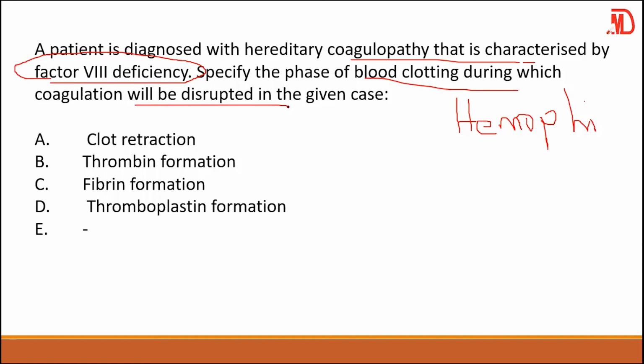Now specify the phase of blood clotting during which coagulation will be disrupted in the given case. So over here, we are having a problem with coagulation, in other words, coagulating factors. So over here, I think the right answer might not even be present, because what would be disturbed would be the coagulation cascade.